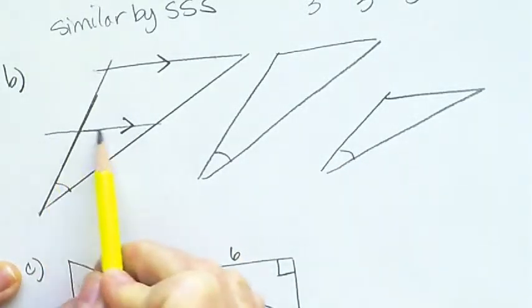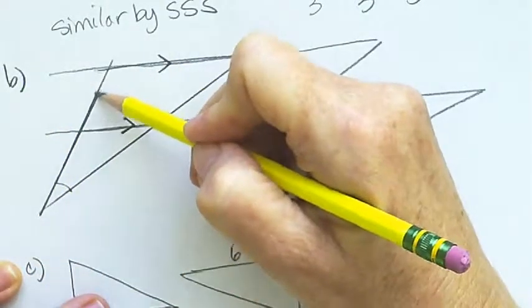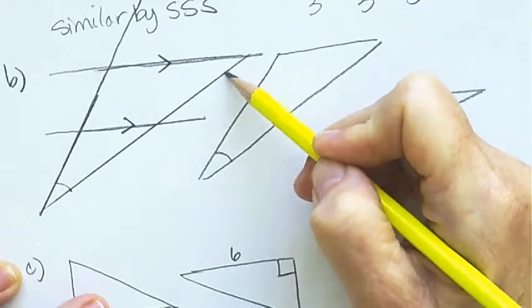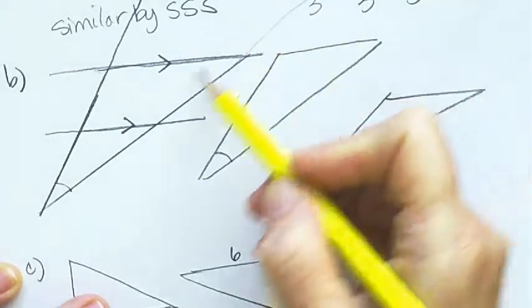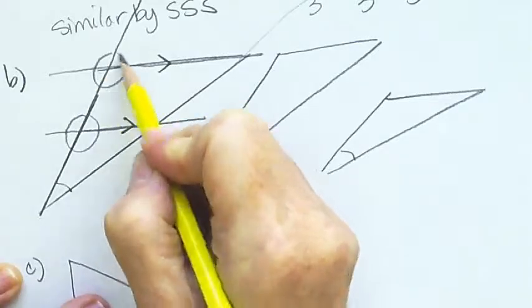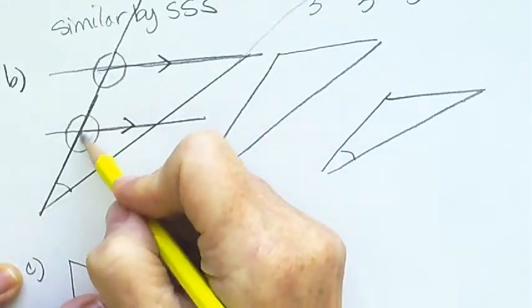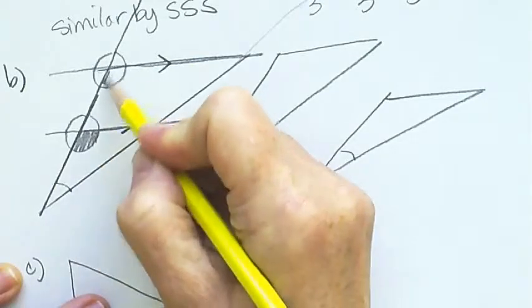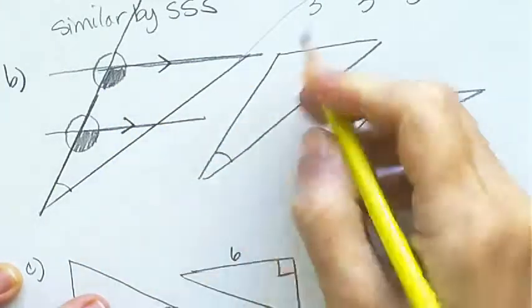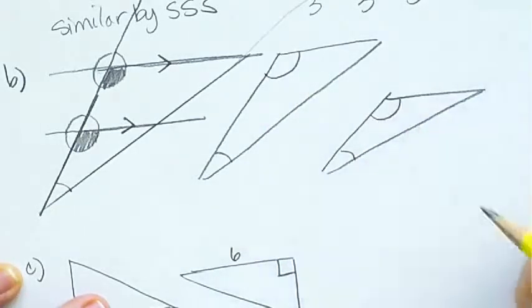If these 2 lines are parallel, you've got parallel lines cut by a transversal here and a transversal here. I'm only going to look at this set of angles here and this set of angles here. I know they have to match if the lines are parallel, so I know this angle must be the same as this angle. So that means this angle here must be the same as this angle here.